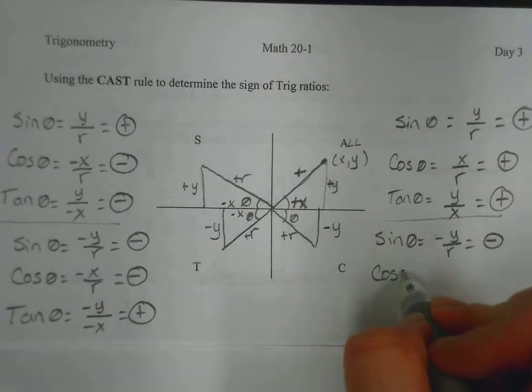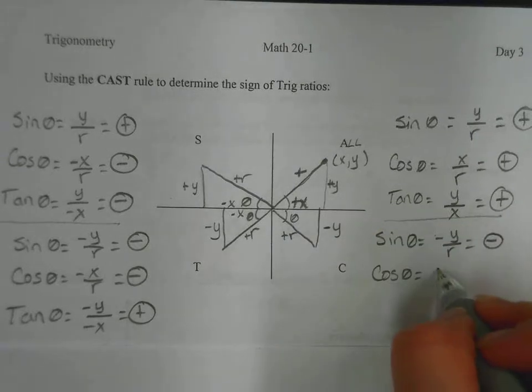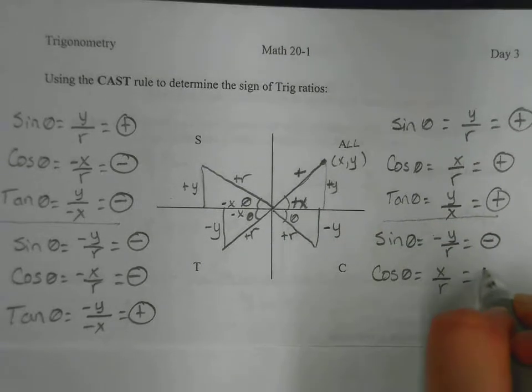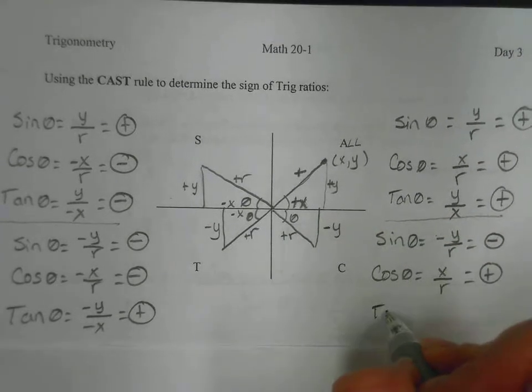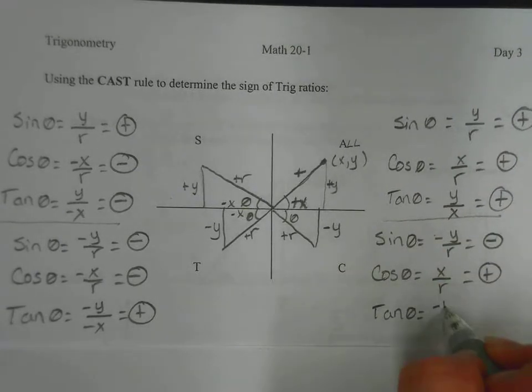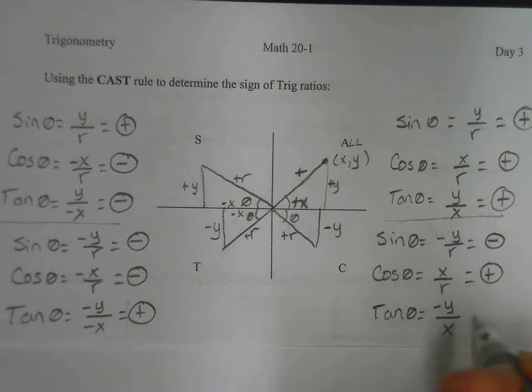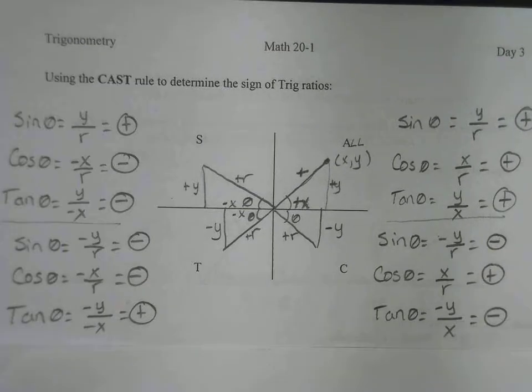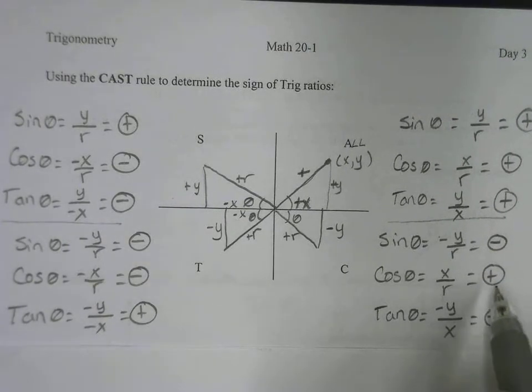Our cos ratio would be a positive X over a positive R, which is positive. And our tangent ratio would be a negative Y over a positive X, which would end up being negative. So in this quadrant, the only thing that is positive is cos.